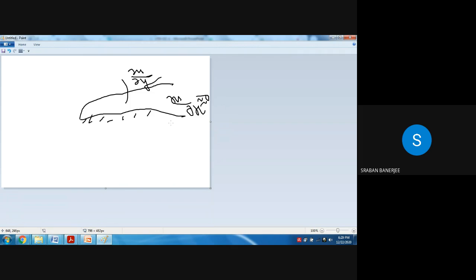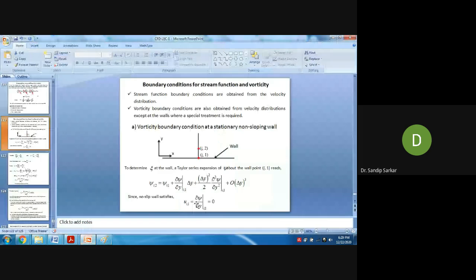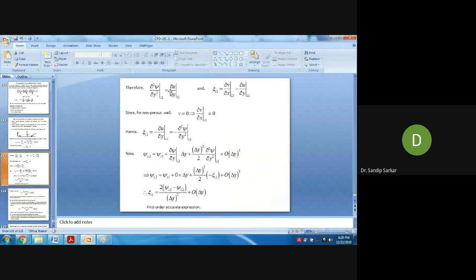If you perform the order of magnitude analysis, del U del X will be of order epsilon. Only del U del Y remains, which is basically your shear stress. That's why del U del Y will not be 0, but del U del X may be 0. Similarly, del V del X may be 0, but del U del Y will not be 0.